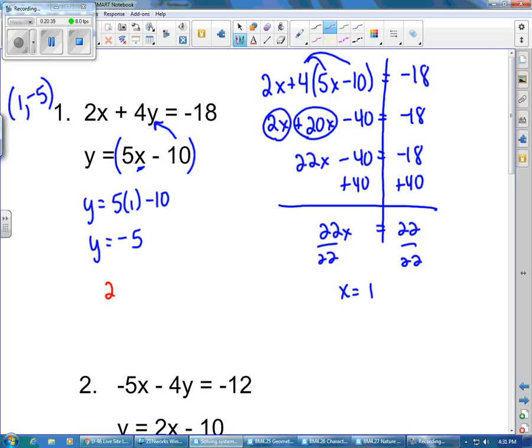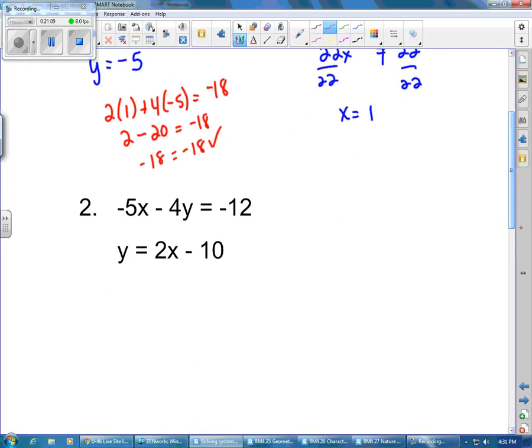So does 2 times 1 plus 4 times negative 5 equal negative 18? 2 times 1 is 2. A positive times a negative is going to be a negative 20. 2 minus 20 is negative 18, and negative 18 equals negative 18, so it's a good answer.